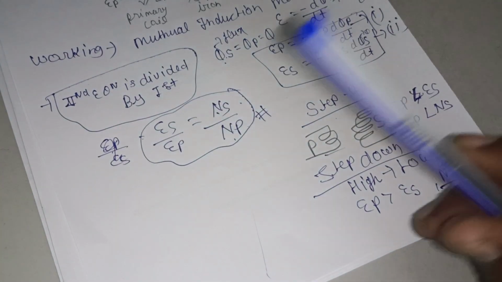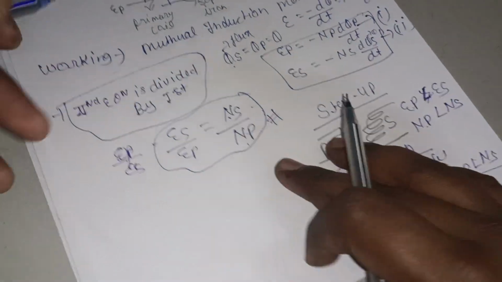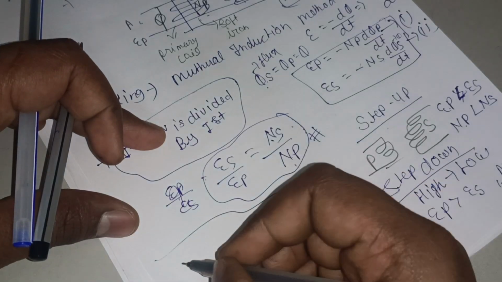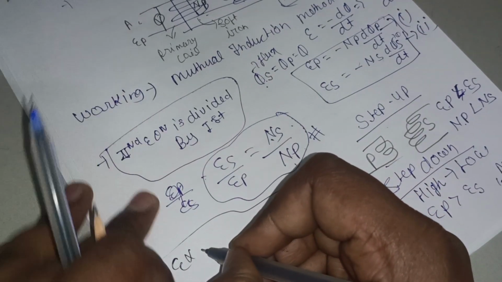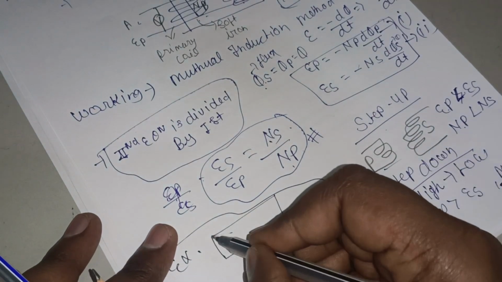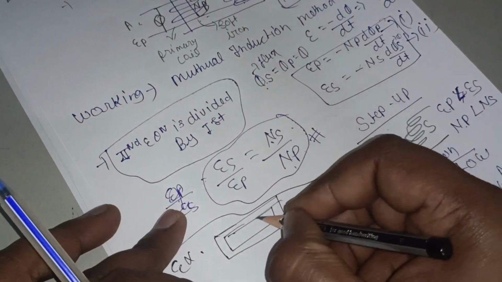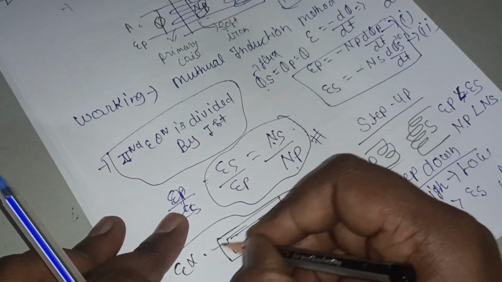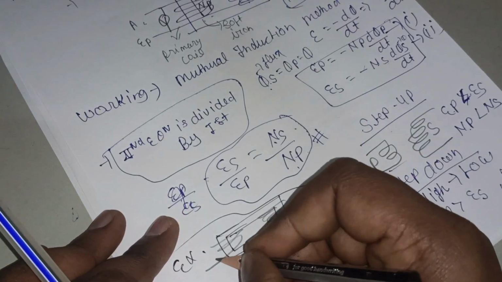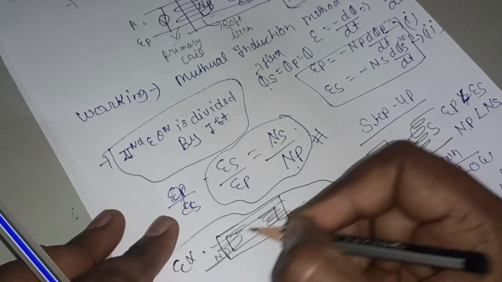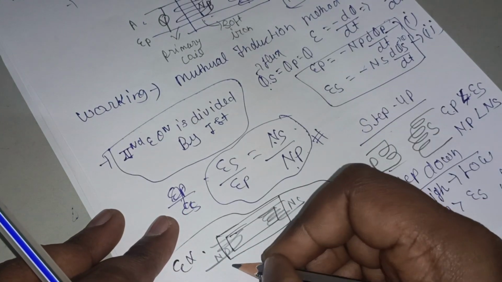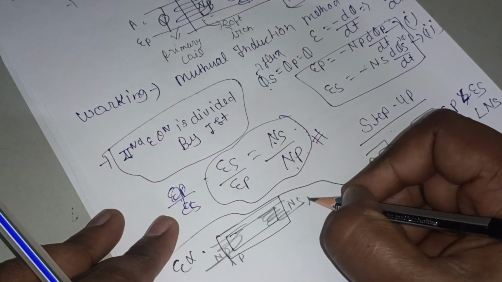Now let's discuss one example on transformer. It has NP, NS, IP, IS.